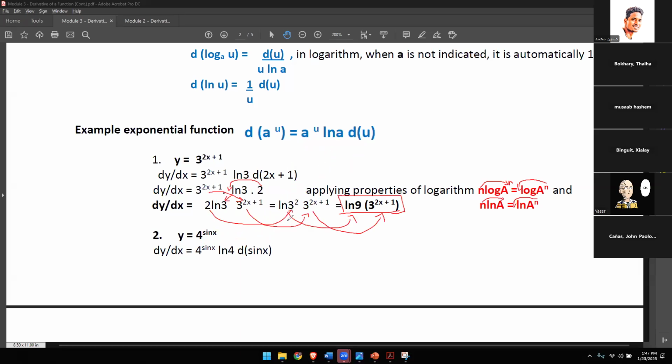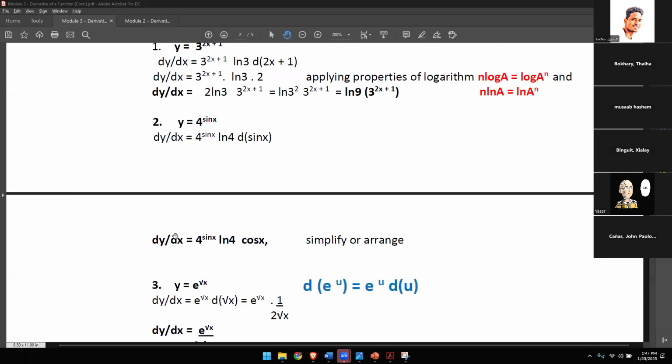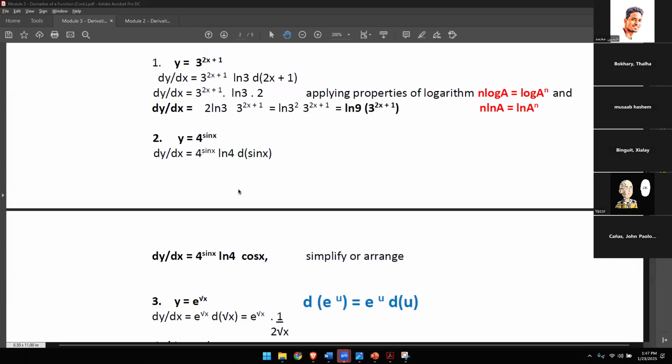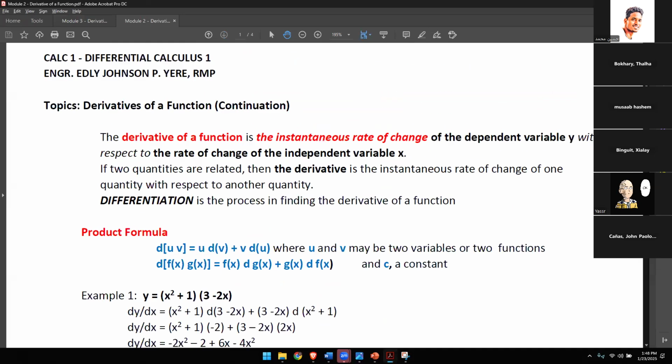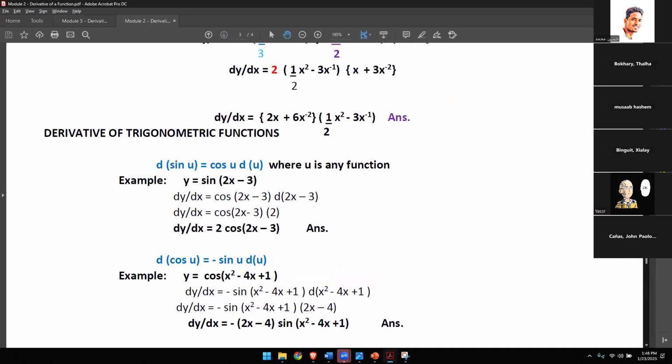All right, so let's go down and see what will happen. Here, derivative of sine x is cosine x. Derivative of sine u is cosine u du.